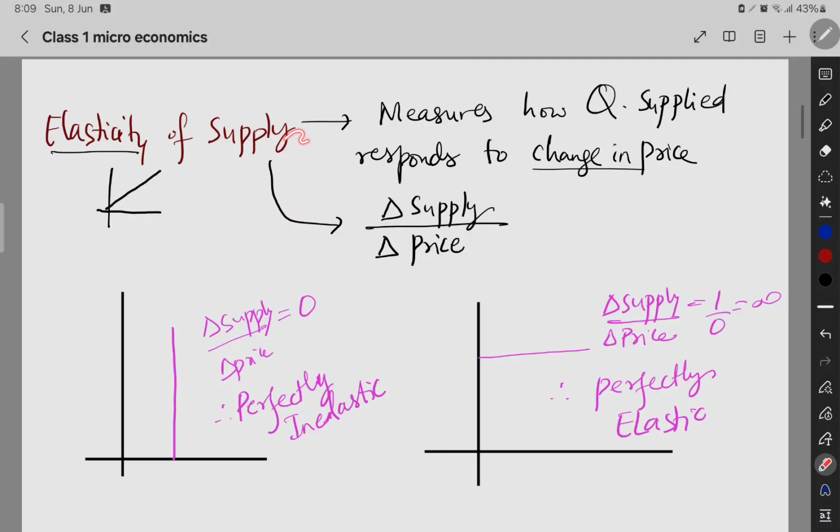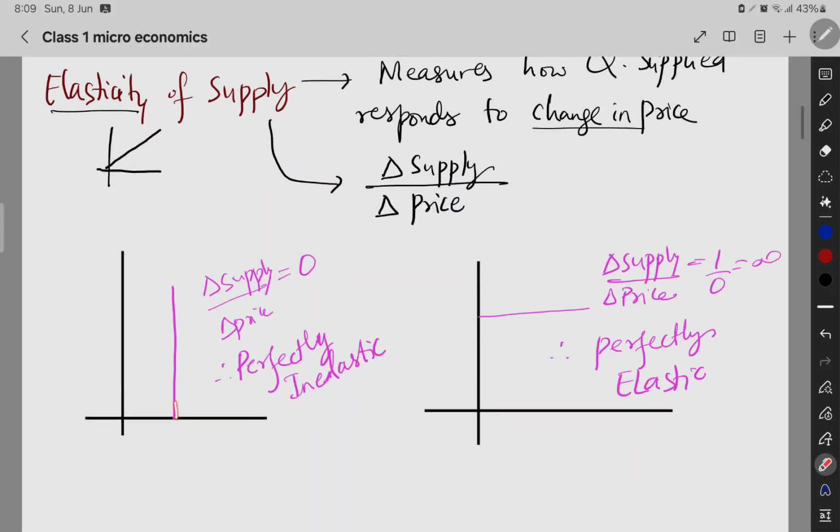Similarly, we can look at the supply part. Okay, when do you call a supply elastic or inelastic? For example, this is a supply curve. So when do you call this an elastic supply or inelastic supply? See, for example, here if you notice, it is perfectly inelastic. Why? I am using a formula, change in supply with respect to change in price.